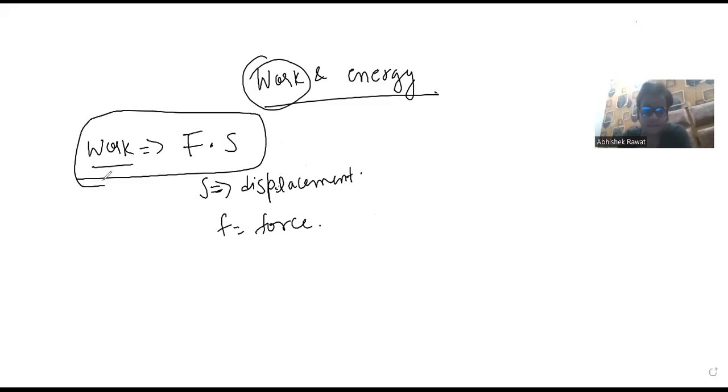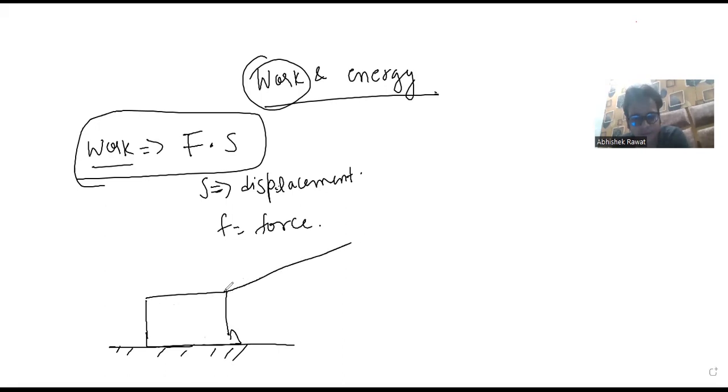Now, how will we get a feel for that? Let's see how work acts on bodies and how it actually happens. We will take a free body diagram in the form of some examples. Suppose this is a block on a floor, and we apply some force on the block in this direction.